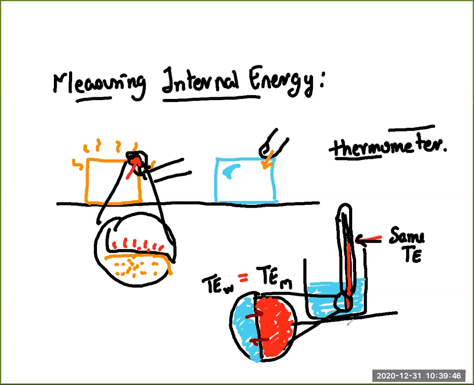So that is how we can measure the thermal energy of a body using another substance like mercury. Alcohol can also be used, which will absorb the energy and then indicate how much thermal energy it has.